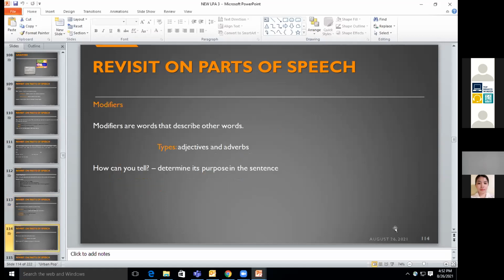Modifiers. Modifiers are words that describe other words: adjectives and adverbs. How can you tell? Determine its purpose in the sentence. Sometimes we have a lot of modifiers when we're talking. That happens because we're prolonging what we're trying to say. That is okay.